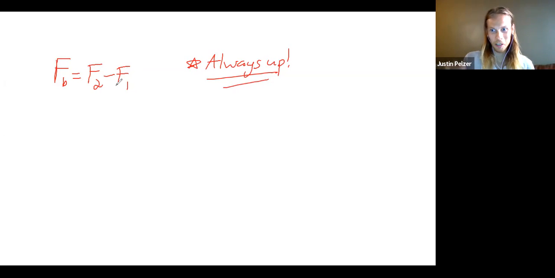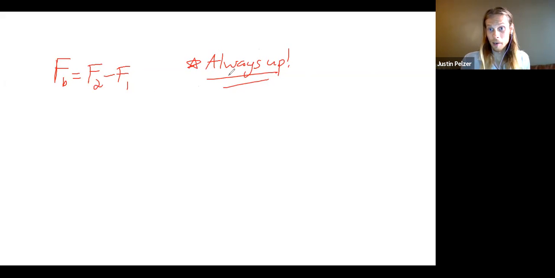The bottom of an object is always deeper than the top. That's trippy. It's always deeper. It's always up, and it's always there. If you're in a fluid, you're going to have a buoyancy force. It might be really tiny, and so it's negligible. It's like saying it's there, but it's not there.